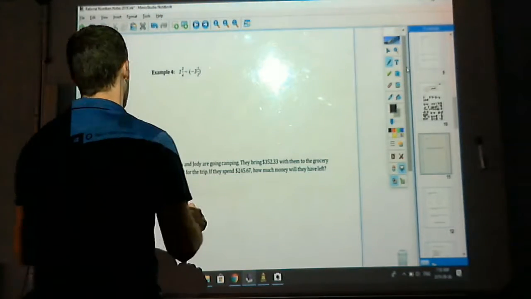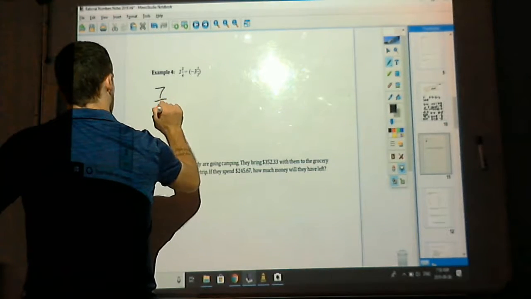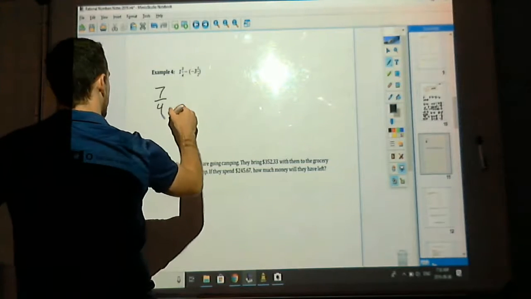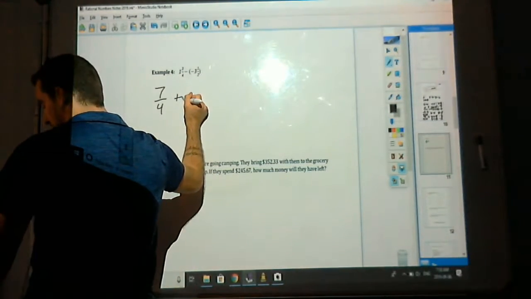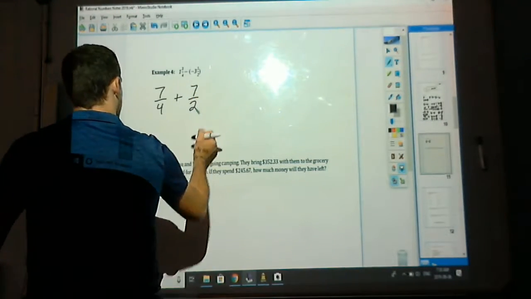Okay, so here we're going to go 1 3/4 can be simplified to 7 quarters, and then again we have negative or minus a negative, which is the same as adding. Okay, and so then we're going to add 7 seconds.